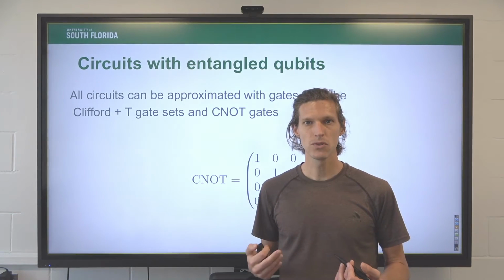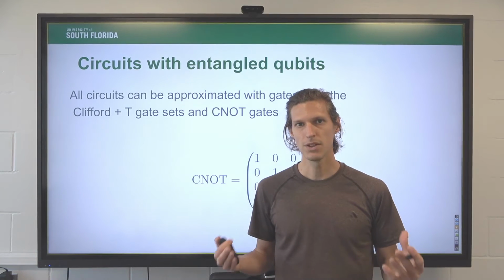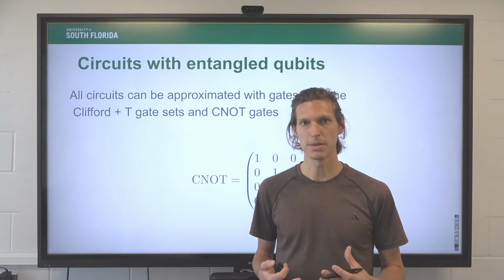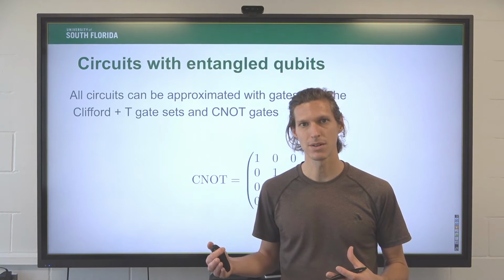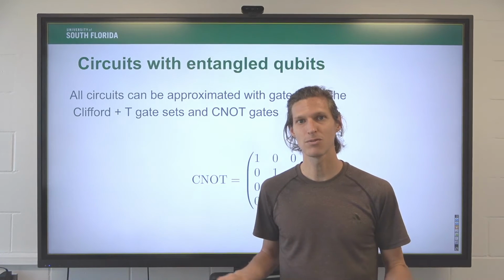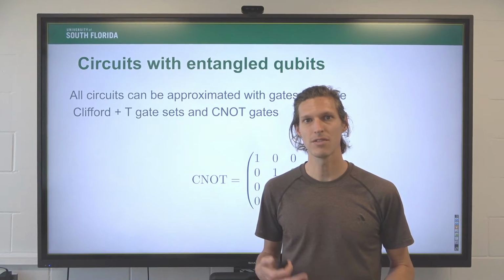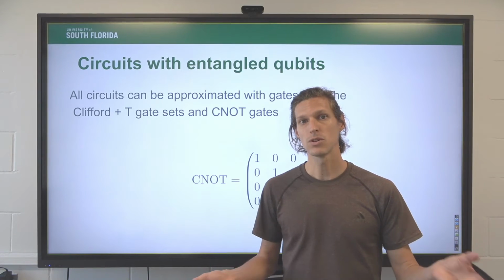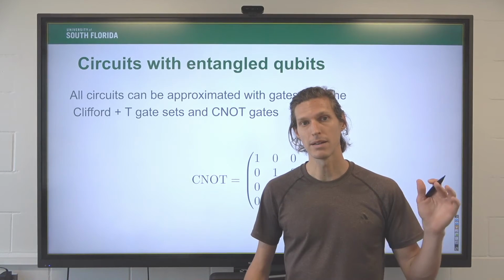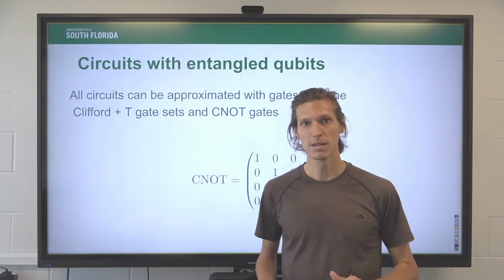You can probably intuitively imagine that nothing very interesting will happen on independent qubits. We can do everything that involves one qubit efficiently due to the Solovay-Kitaev theorem, and then we can certainly do them independently on non-interacting qubits.